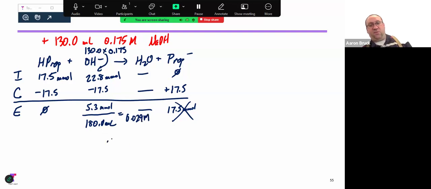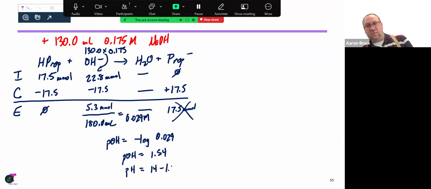Since we have free hydroxide, we can immediately go into pOH calculations. pOH is equal to 1.54, which means pH being 14 minus that, 12.46.